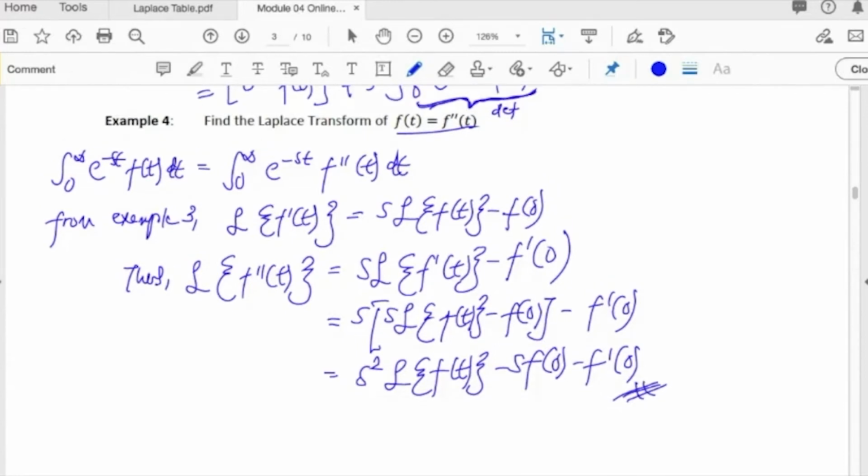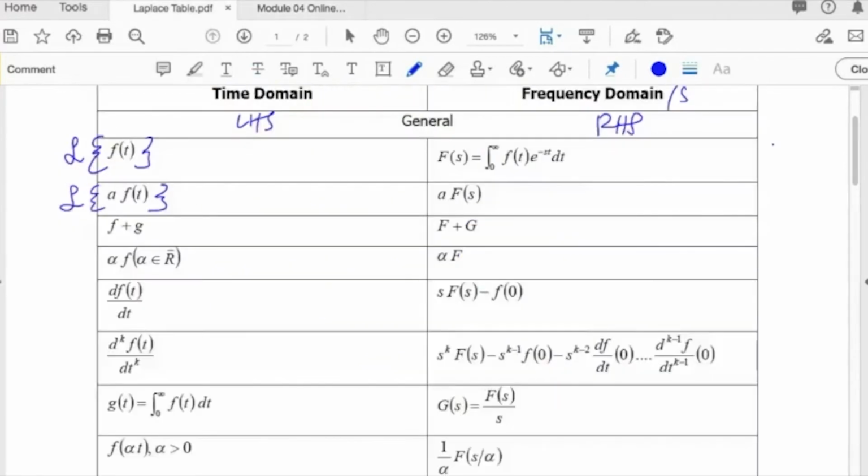Okay, so what have you learned from example 1 until example 4? The transformations from time domain to frequency domain, you can find in the Laplace transforms.